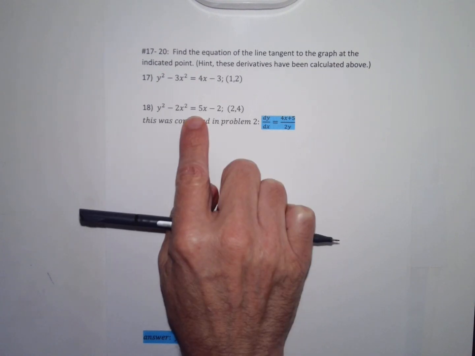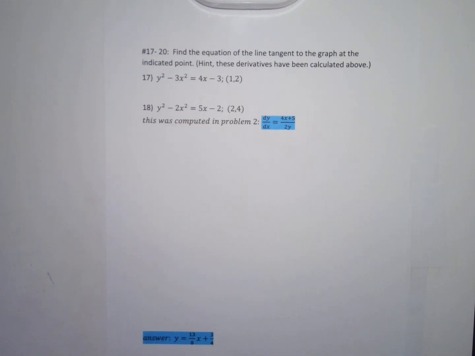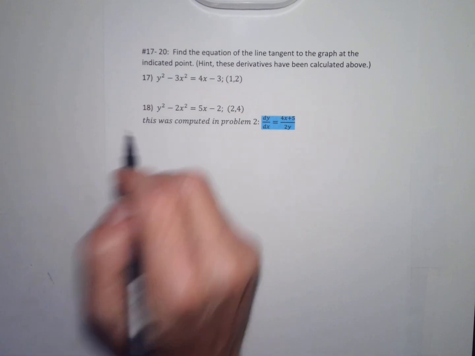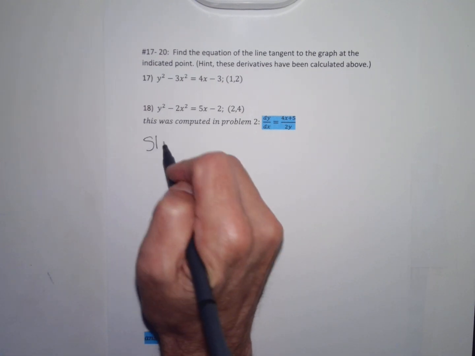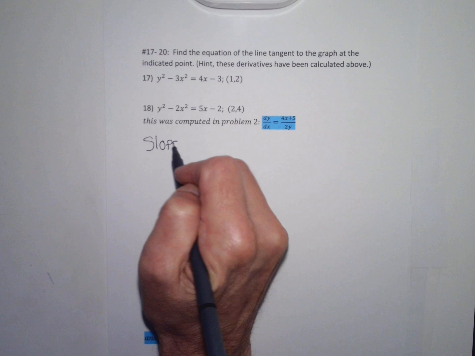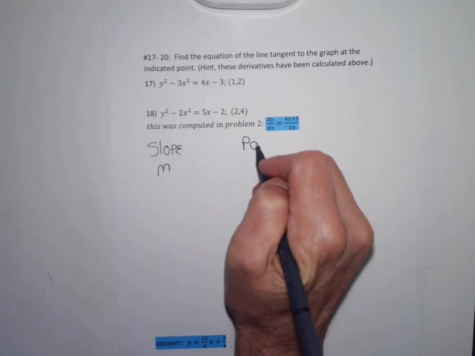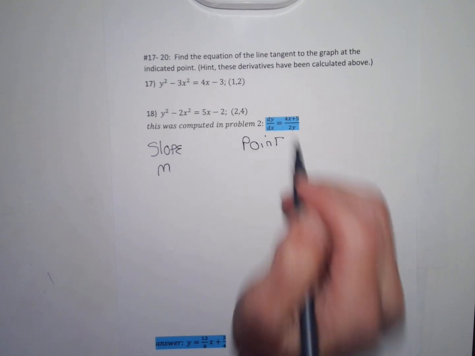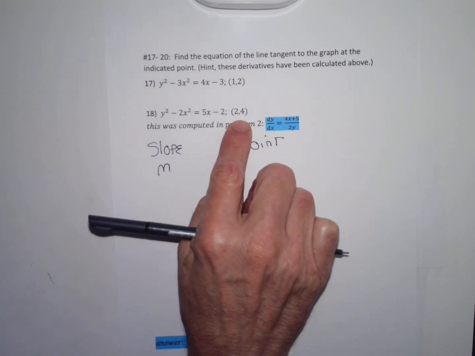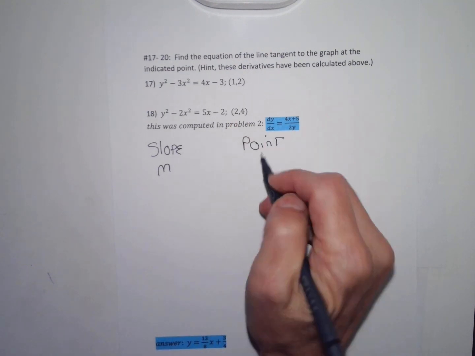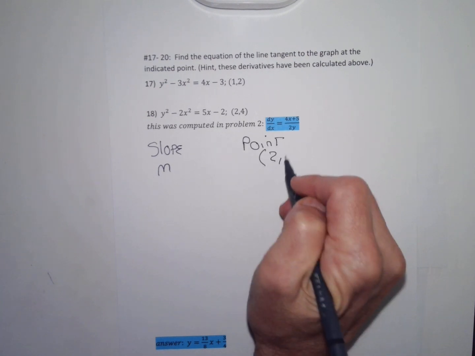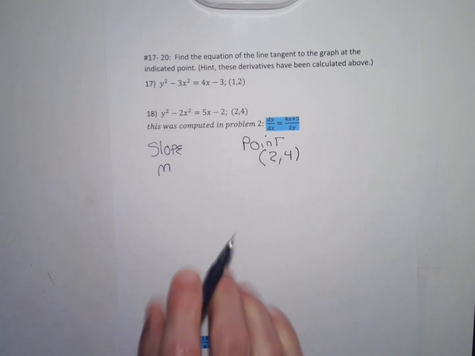In order to find an equation of a tangent line, I need a slope and a point. Usually, I only have the x coordinate of the point, but I gave you the full point here because I'm going to need the full point to get the slope of the tangent line.